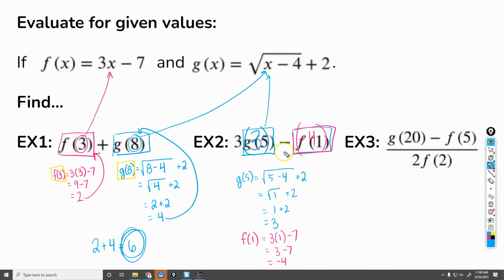So what we're doing is 3 times 3 minus 4. That extra 3 was out front of the g of 5 part, so anything that's out front, you just add it in. So 3 times 3 is 9, minus 4, and 5 is our answer.